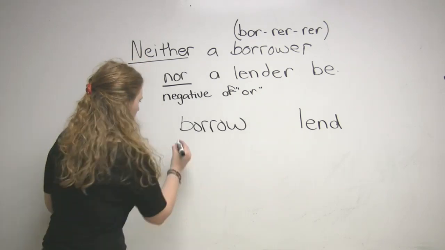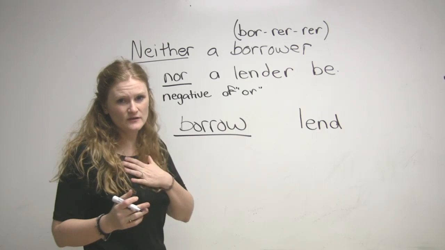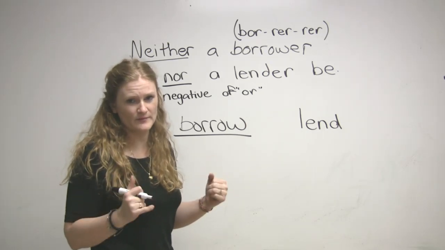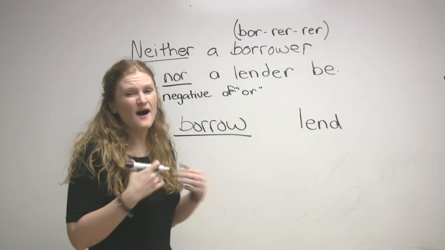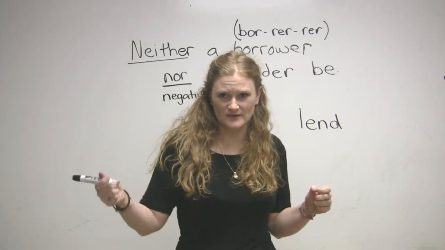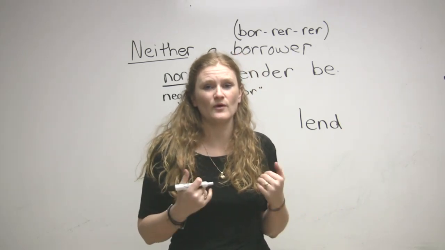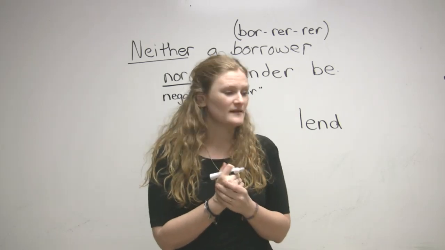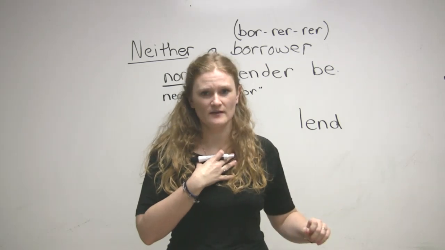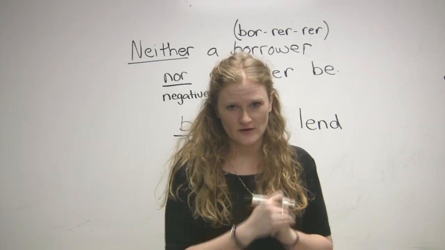So, to borrow something means that you need something. You do not have something. For example, I do not have a car, okay? I ride a bicycle or I take public transportation. Sometimes I need to borrow my mother's car. So, I do not have a car, my mom has a car. So I will say to her, Mom, can I please borrow your car?